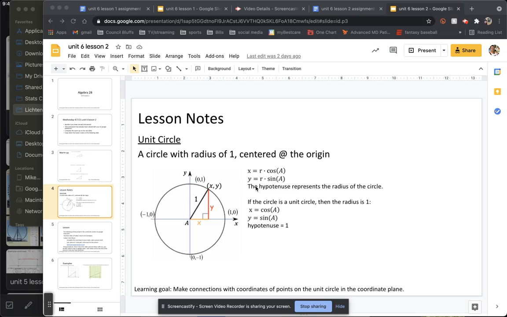In this case, the hypotenuse of the triangle is always going to be the radius of the circle. So the radius in this case will be representative of the hypotenuse.